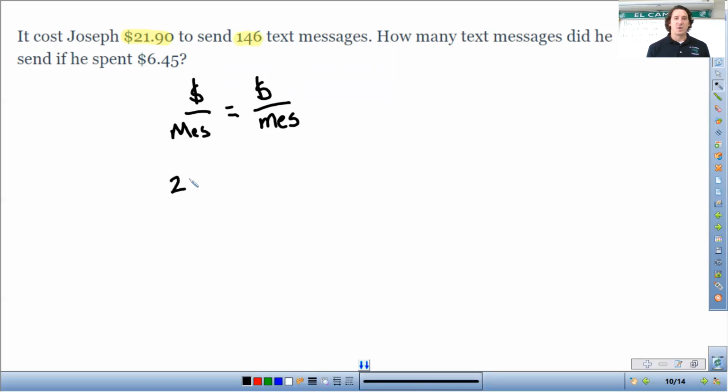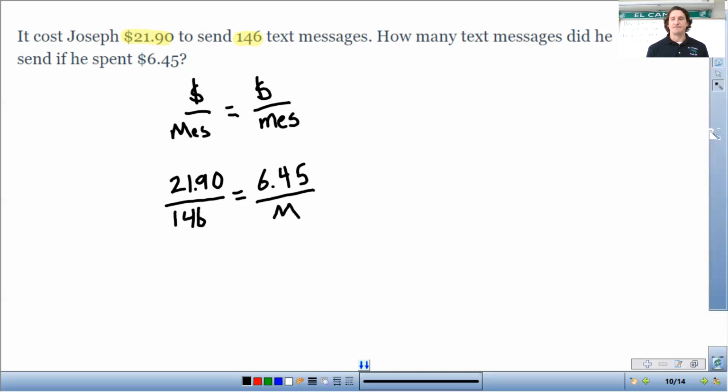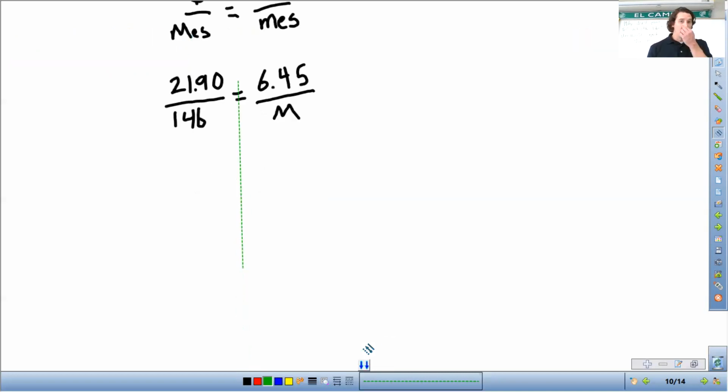messages. So that one's going to be 21.90 over 146 text messages. And this one is 6.45 over the messages, so I'll just use M for messages. And then you solve it the same way like we've been solving all of them. You need to cross multiply.